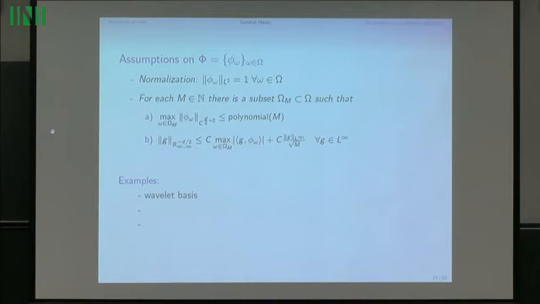We pick a subset of the index coefficients, m, which you may think of as the wavelet coefficients up to some resolution level. So j goes up to log of m, and then what you want is that the derivatives of the elements there don't grow too fast. So you require that the maximum of the derivative of the elements up to this resolution level has to grow polynomially in m. So this is not a too big guy.